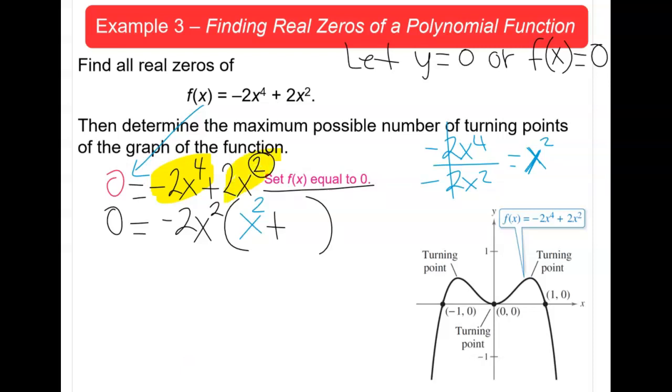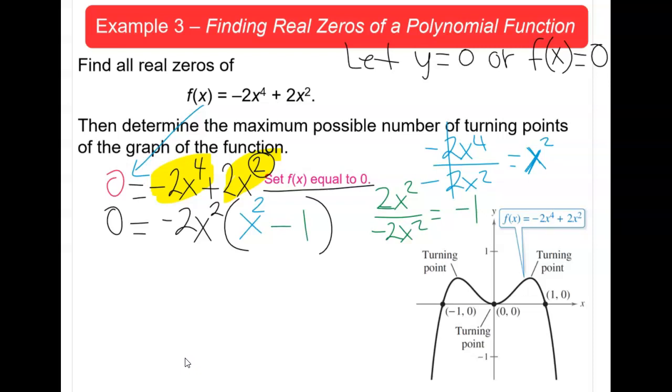So that's going to be positive 2x squared divided by negative 2x squared. That's what we're factoring out. So we're going to get a negative 1. Oops, so let's change this plus with a minus 1.